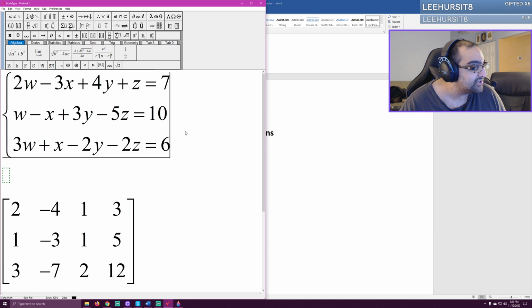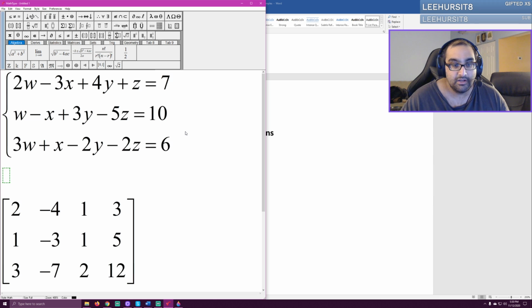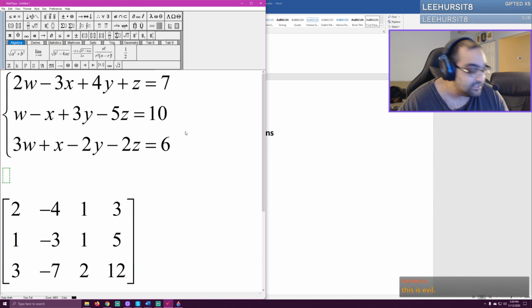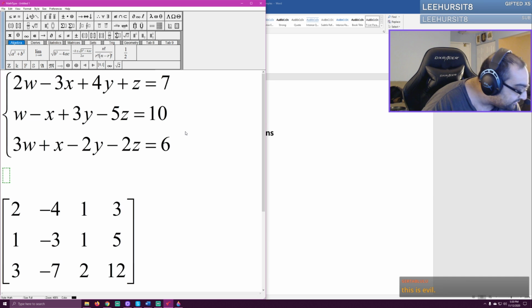So in this case here, we want to be very careful about this. We have 3 equations and 4 variables. We don't have a square matrix here, because then there would be 4 equations and 4 variables. But we have 3 equations and 4 variables, so things are going to be significantly different than what we're normally used to.